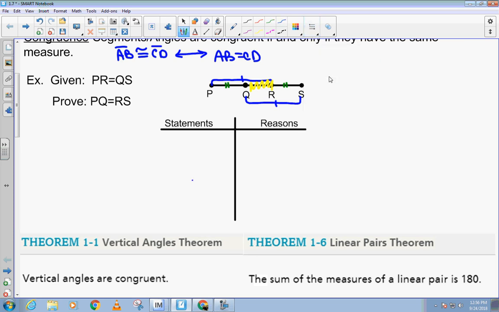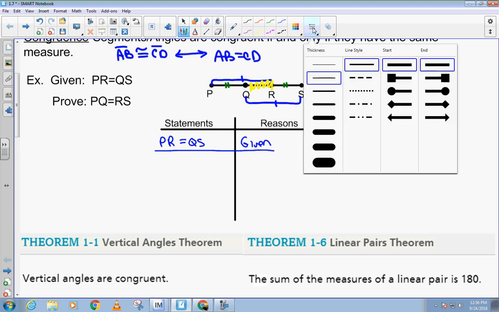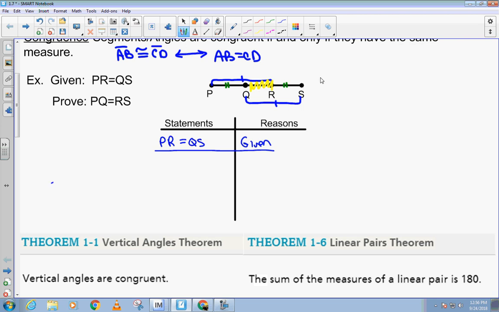Alright, so the first thing that we do is we state the given PR equals QS. That's a given. Now, because I know that those two big parts are equal to each other, I'm going to establish what makes those big parts up. Okay, so, what makes up PR?